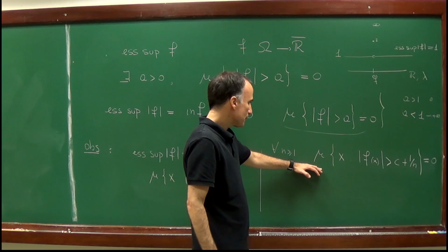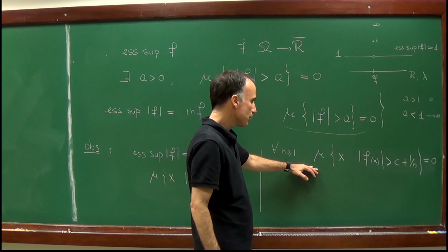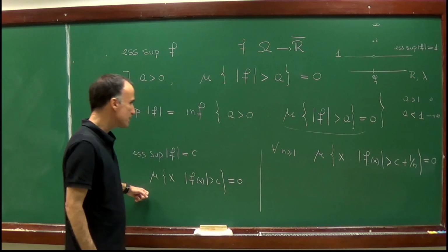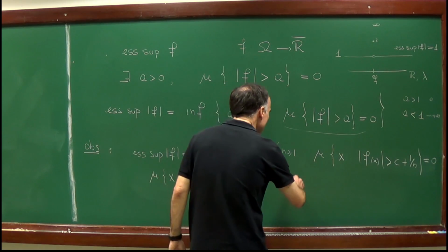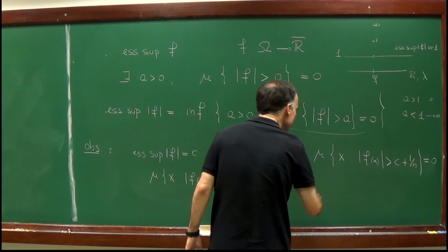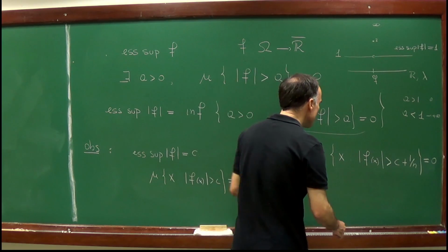Now, if you accept that this set has measure 0, we can conclude that the union has measure 0, because if this is true for all n, it's also true for the union.